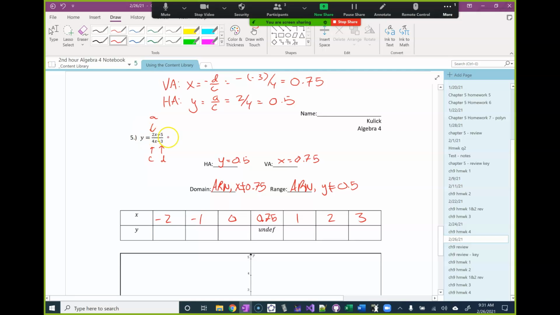Let's see, that's going to give me 1 over negative 11, negative 0.1. I'm just going to round these to the nearest tenth because it's about all the accuracy I can really get out of something like this. If I put the negative 1 in there, I have 3 over negative 7.